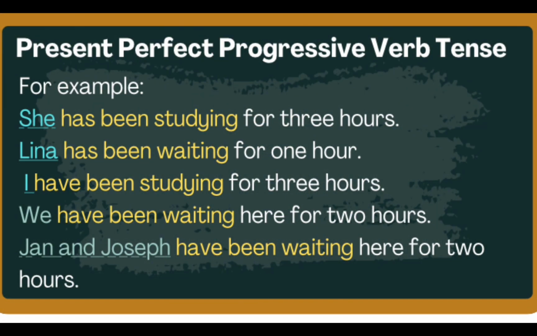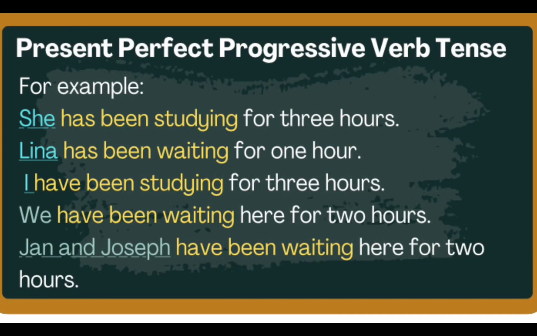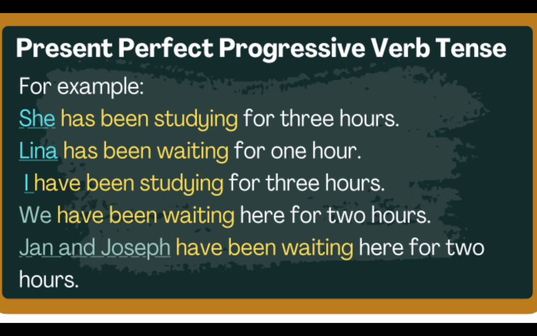For example, she has been studying for 3 hours. Or Lena has been waiting for 1 hour. Or I have been studying for 3 hours. We have been waiting here for 2 hours.